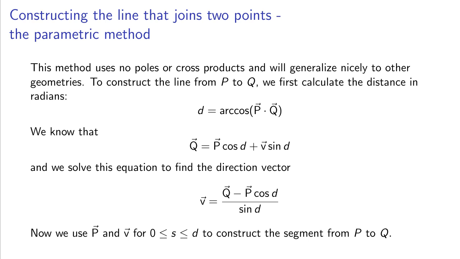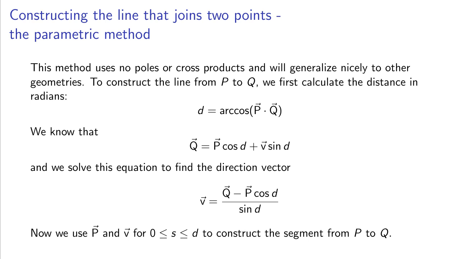And this gives us the parametric method of constructing a line. You'll see a lot of examples of this in R, and you'll see that all we have to do is replace ordinary trig functions by hyperbolic functions, and this will work equally well in hyperbolic geometry.